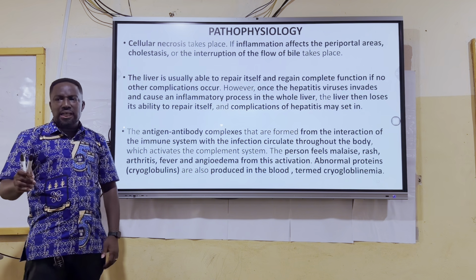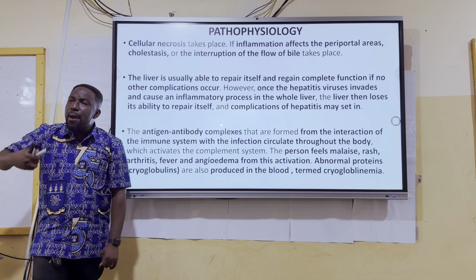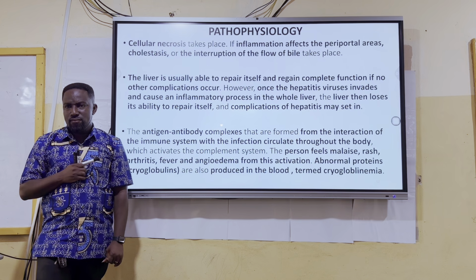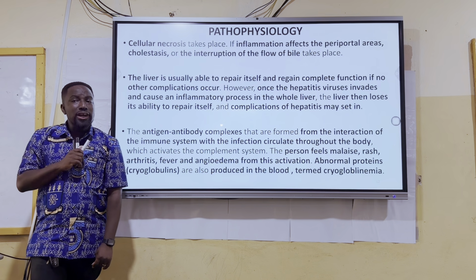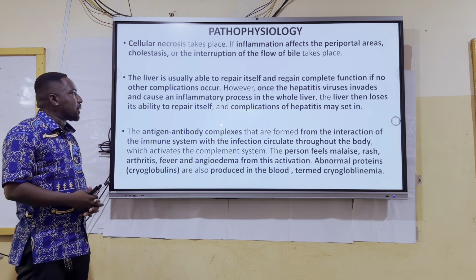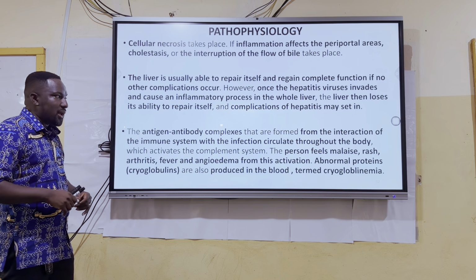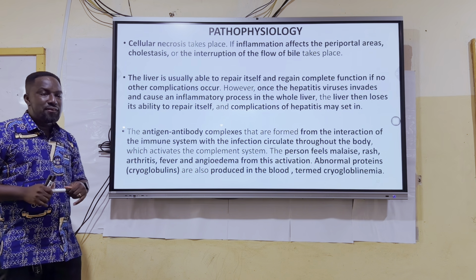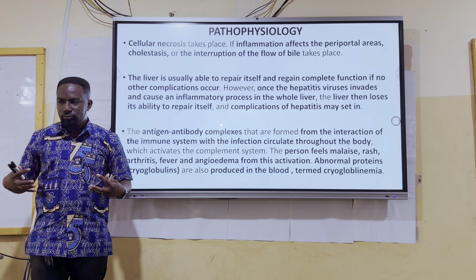Now, the liver is the only organ in the human body that has the ability to repair itself. What did I just say? I said the liver is the only organ in the human body that has the ability to what? Repair itself completely. But when there is a total inflammation of the liver, especially coming from viral hepatitis, the liver will now lose its ability.